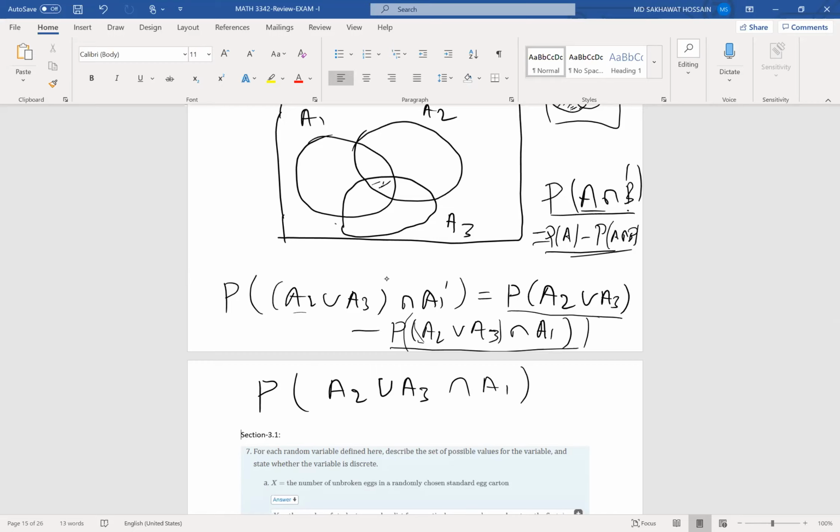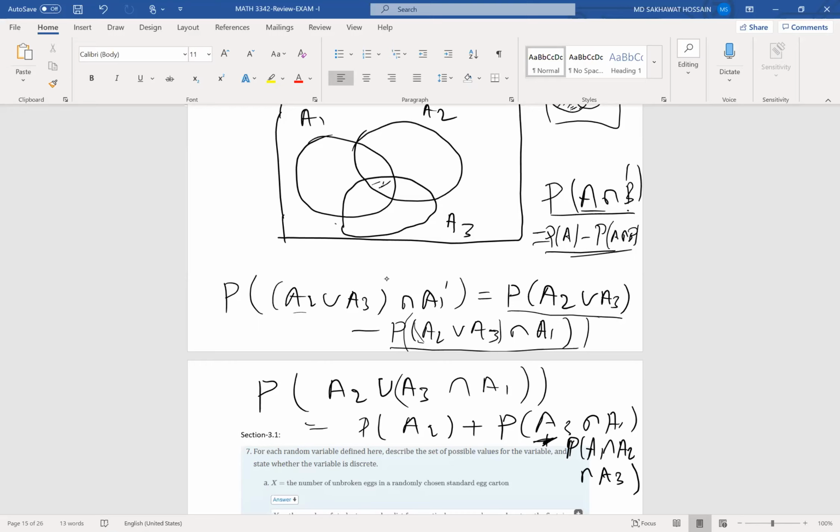We can consider this as probability of A2 intersection A1 plus probability of A3 intersection A1 minus the probability of the intersection of all three, so minus probability of A1 intersection A2 intersection A3.